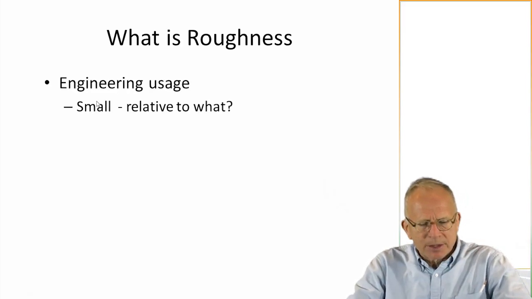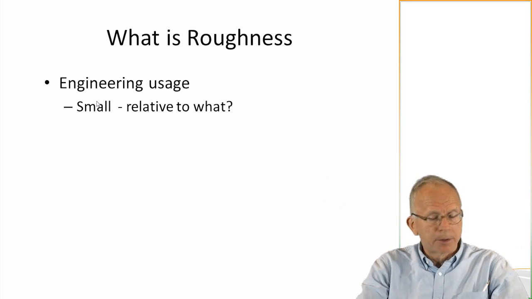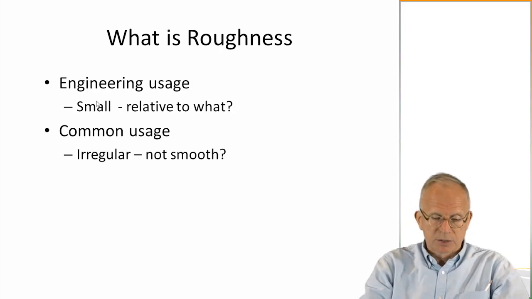So what do we mean by this term roughness? Well, in engineering usage, if somebody just says roughness and gives you a number, they're talking about average roughness. But often it's just meant to mean small or small scale geometry. And often it's based on the instrument that we use to measure it.